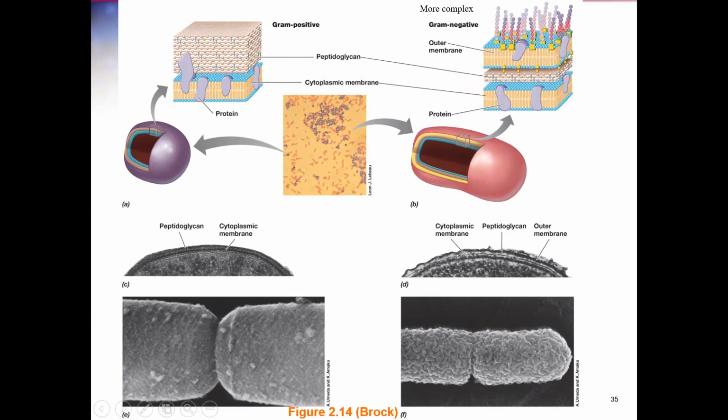Once we add the dye, crystal violet, thick peptidoglycan takes up more dye and thin takes up less. Then we add ethanol, a decolorizing agent, which causes shrinkage.